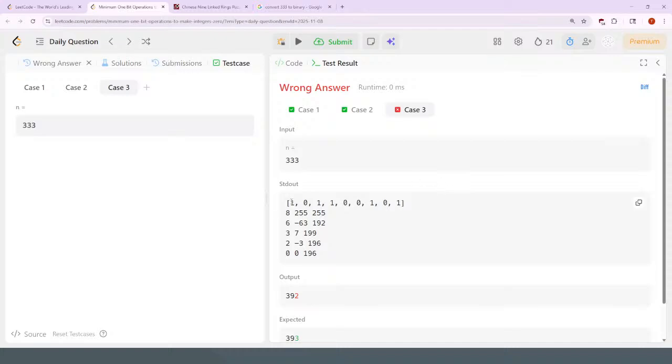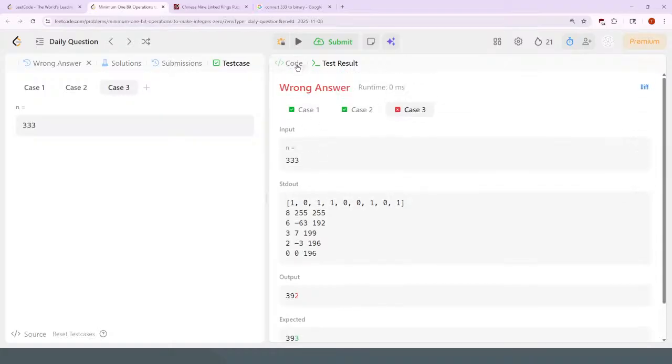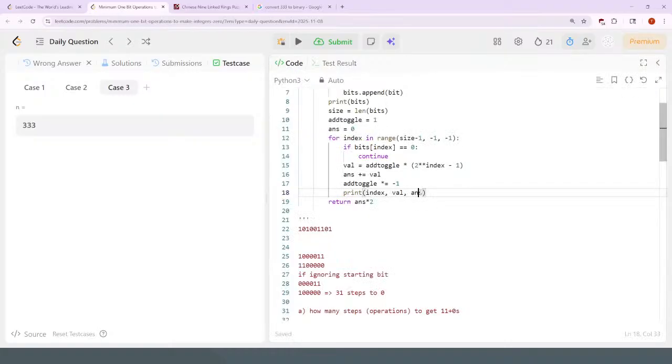Okay. What? 196? Oh, no. Okay, I think I do need to just modify this to be correct all the time so I can parse what's going on.